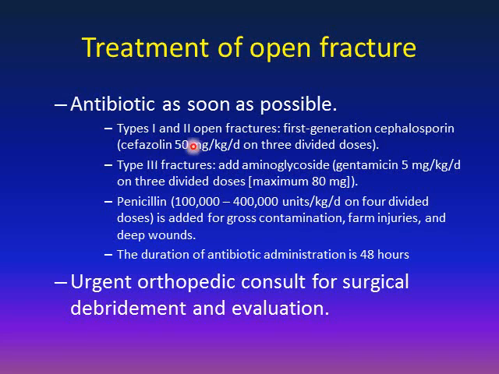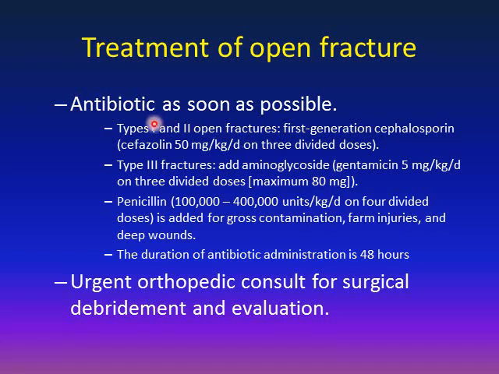It depends on what is the type of the open fracture. Type 1 and type 2, usually you give first generation cephalosporin, and if there is an allergy, you can give clindamycin. Type 3 fractures, you add aminoglycosides, gentamicin, to the first generation cephalosporin. And remember, if the fracture happened with gross contamination or farm injuries or deep wounds, and you're worried about anaerobes, you add penicillin.